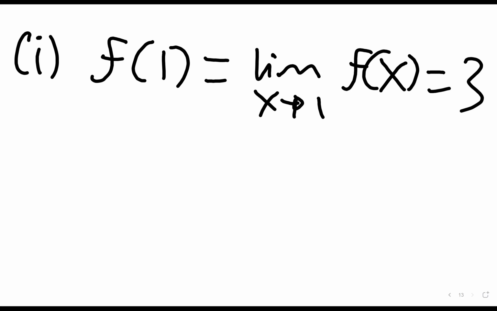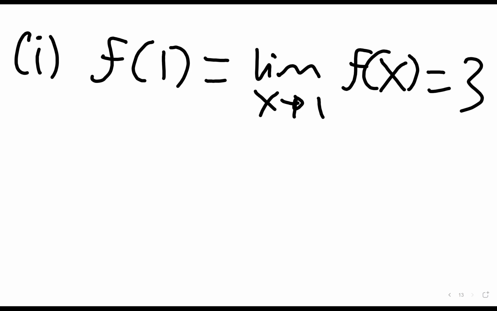Part J: suppose that f is continuous on [a, b]. If f(a) is less than 0 and f(b) is greater than 0, the question is, can we find a value where the function is 0?